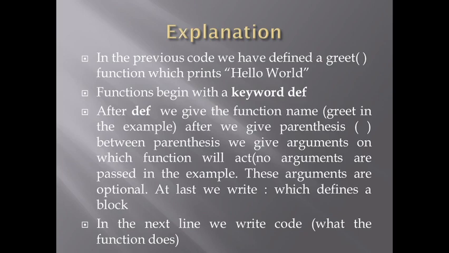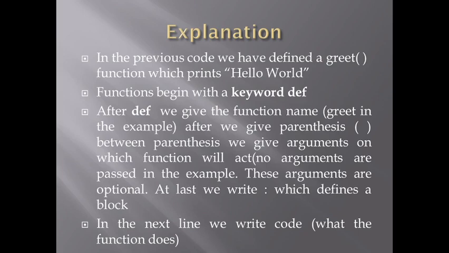As I have already told, the function begins with the keyword def. After the def, we have to give the function name. The name of the function would be given by the naming rules of the identifiers. We have to follow the naming rules. After that, we have to give parentheses. In the parentheses, we can have an argument list. In this example, there is no argument, which means the arguments are optional.